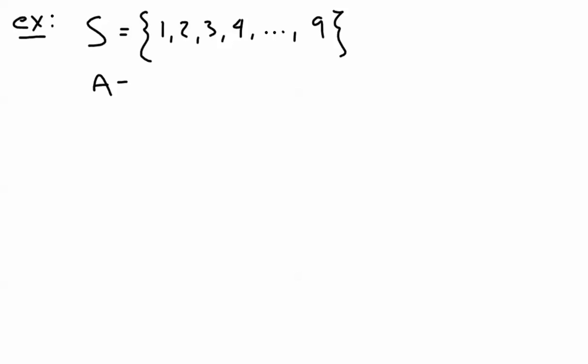First little example. Let's say that I've got a sample space or universal set that contains the integers 1, 2, 3, 4, all the way up to 9. 9-element universal set. And I'm going to say that set A contains the elements 1, 2, 3, 4.